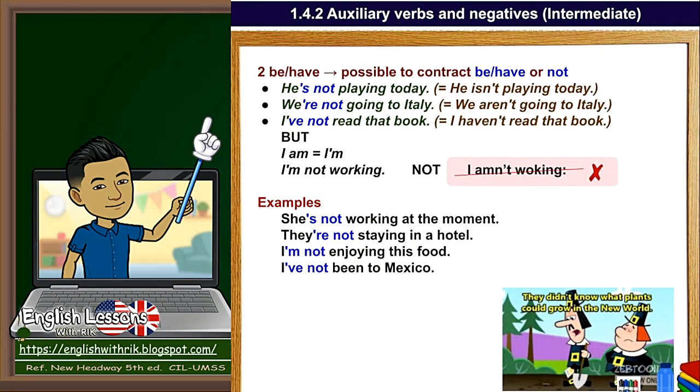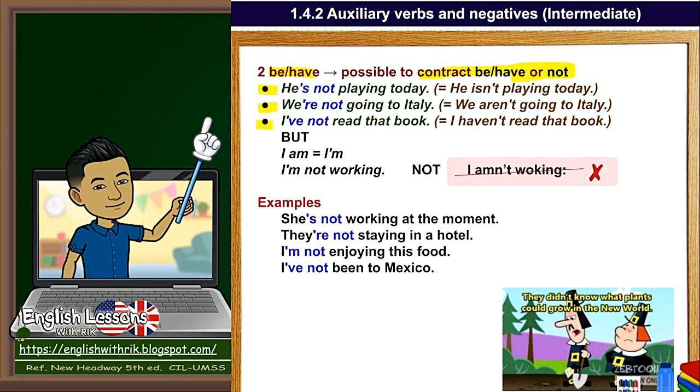With the auxiliaries be and have, we can contract be and have or the not. He's not playing today. He isn't playing today. We're not going to Italy. We aren't going to Italy. I've not read that book. I haven't read that book.